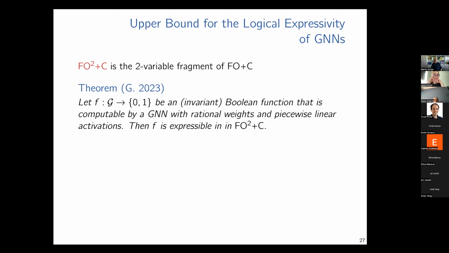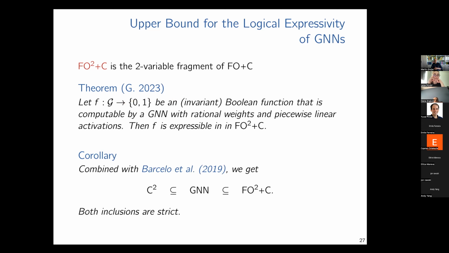Here we say, okay, now assume we have a function that is computable by a GNN with rational weights and piecewise linear activations, then it is expressible in this logic FO2 plus C, the two-variable fragment of this stronger logic. So if G there is the class of all graphs, if we combine this with the Barcelo result, we basically sandwich GNN expressiveness between these two logics. Here both inclusions are strict. Okay?